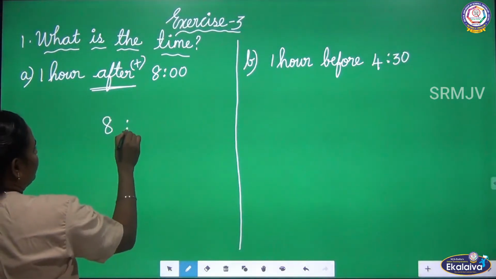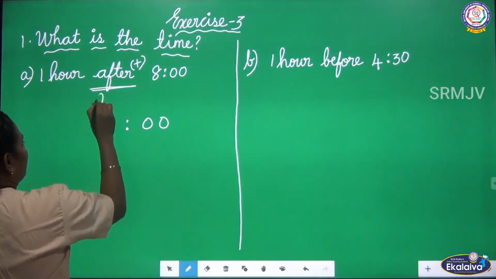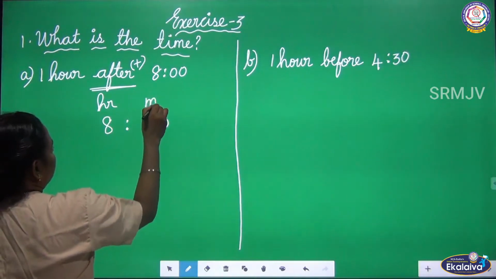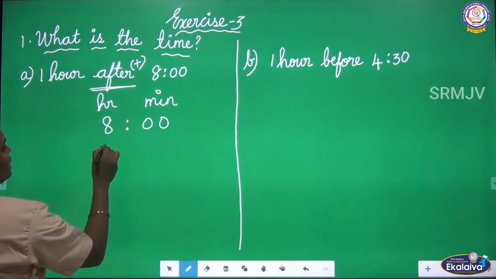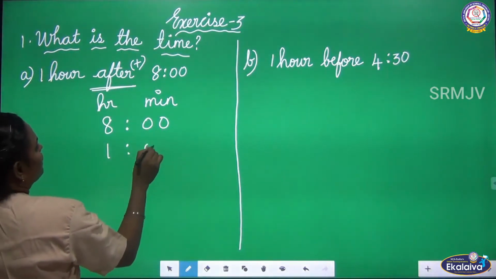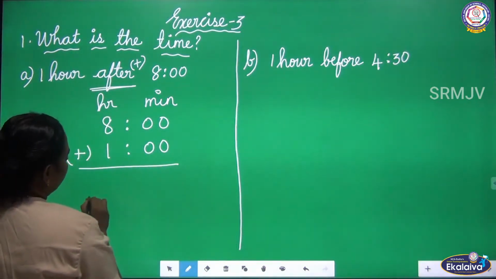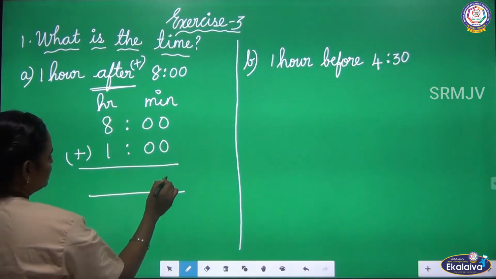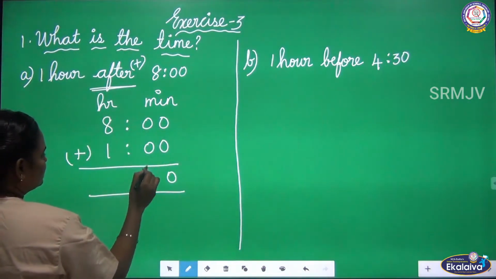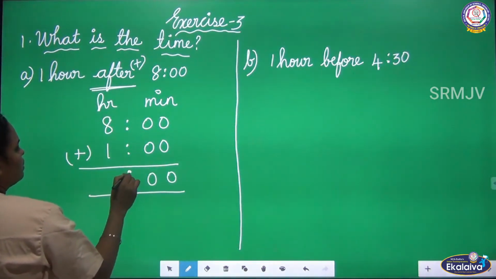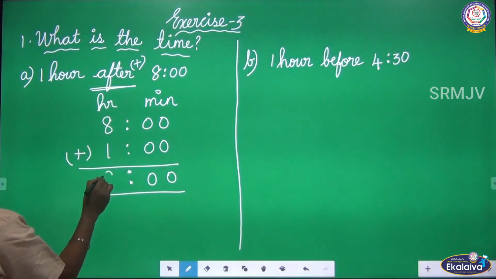So you can write 8, this is hour, and then minute, then 1 hour. So you write 1 hour. We are going to add, so write the plus symbol. So add 0 plus 0 is 0, then 0 plus 0 is 0, then 8 plus 1 is 9.